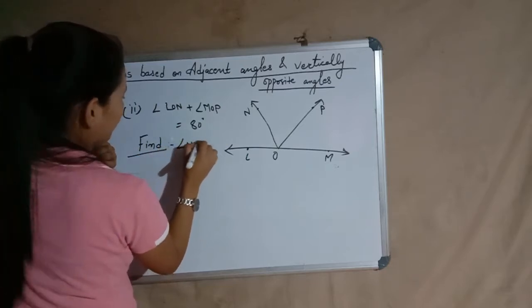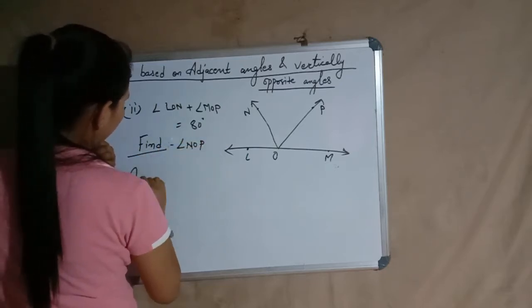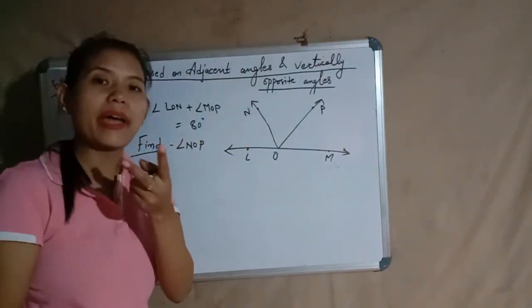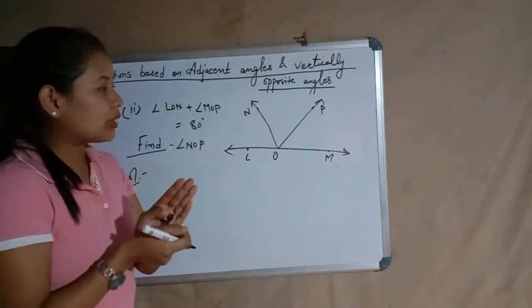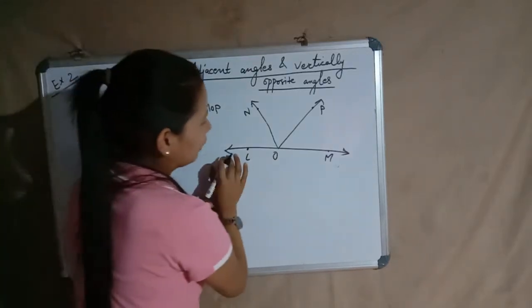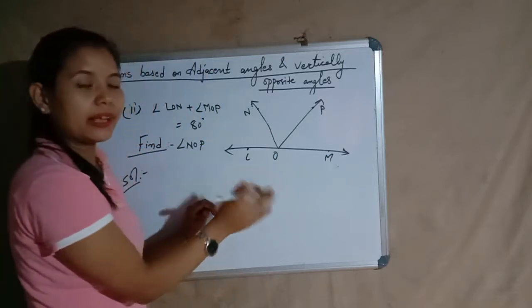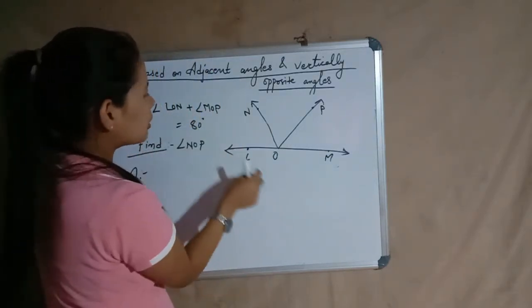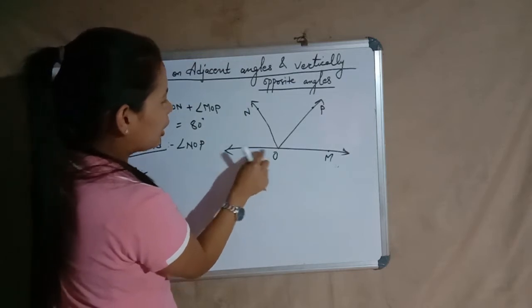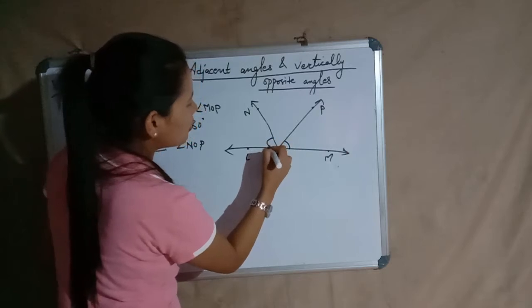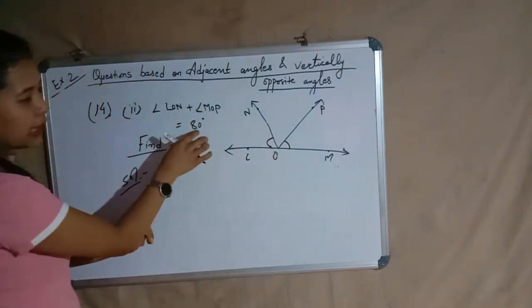angle NOP. So children, please do not have a doubt that linear pair should always have 2 angles. Please do not have that doubt. Any number of angles that lie within a straight line, then that forms a linear pair. Okay. So here we are talking about angle LON and angle MOP. These 2 angles sum is given, that is equals to 80 degree.